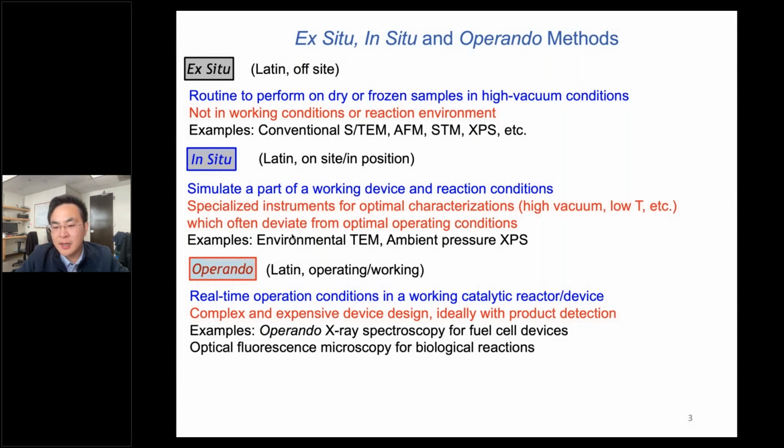We would now see several very nice examples from Oak Ridge. They have begun to do product detection for gas phase TEM. Another example is operando X-ray spectroscopy used for fuel cell devices. You can put the entire fuel cell device in a beamline to do real operando study.